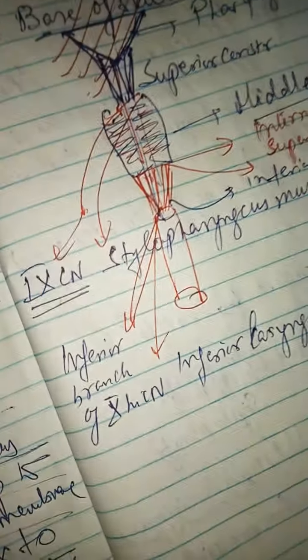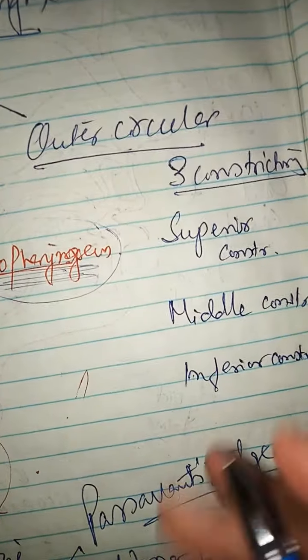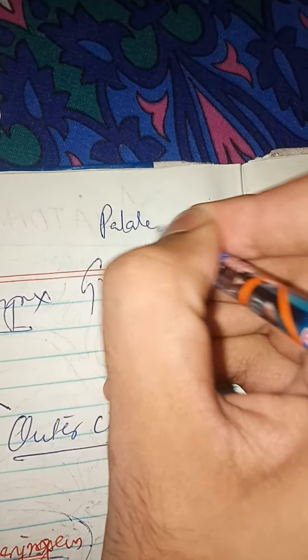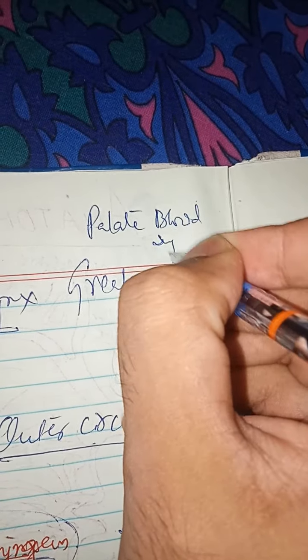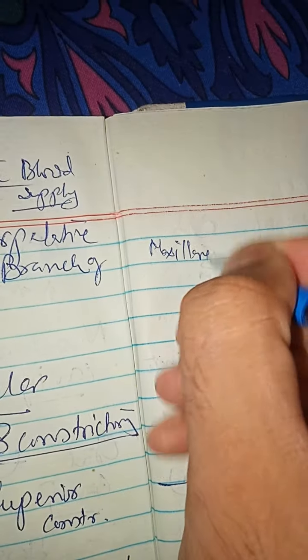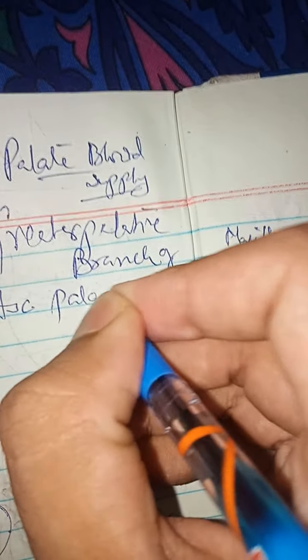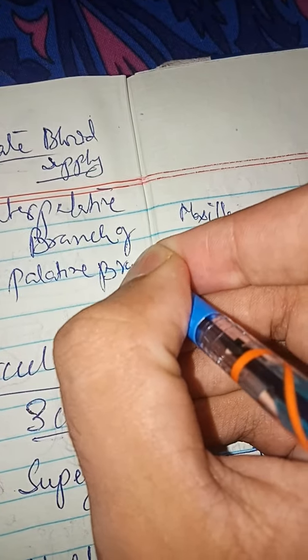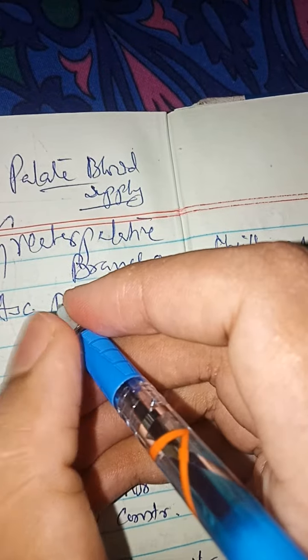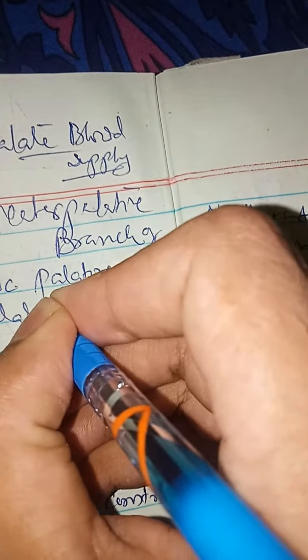Now the palate blood supply: the greater palatine branch of the maxillary artery, the ascending palatine branch of the facial artery, and the palatine branch of the ascending pharyngeal artery.